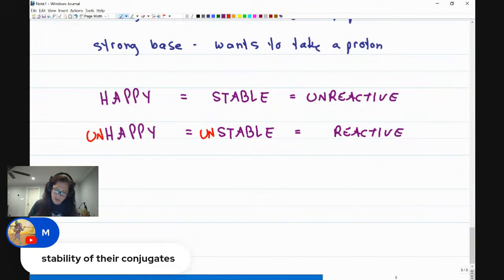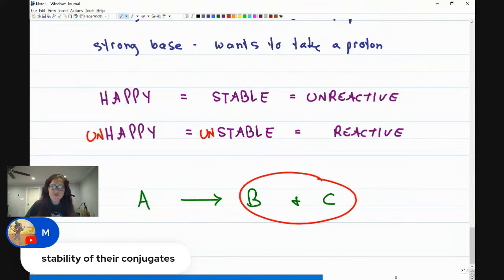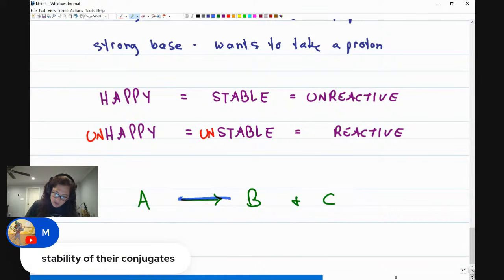If I have a molecule A, and in this reaction, molecule A goes to give me B and C. If B and C are very, very unstable, is this reaction likely to form? If A, that is happy, is going to break apart to give me B and C that are very unhappy, this reaction is just going to reverse itself.